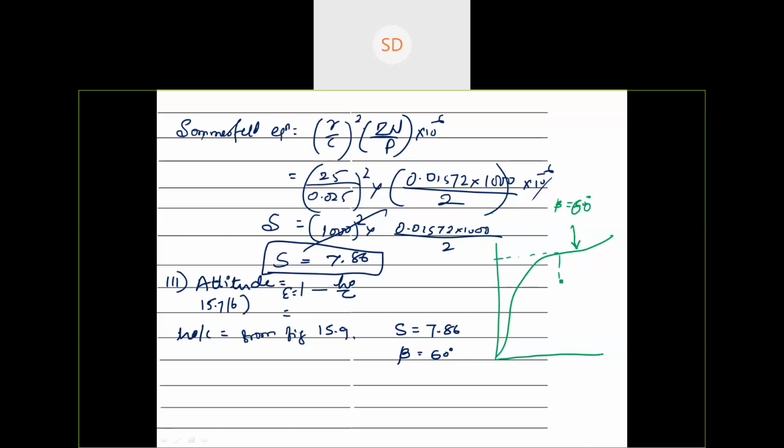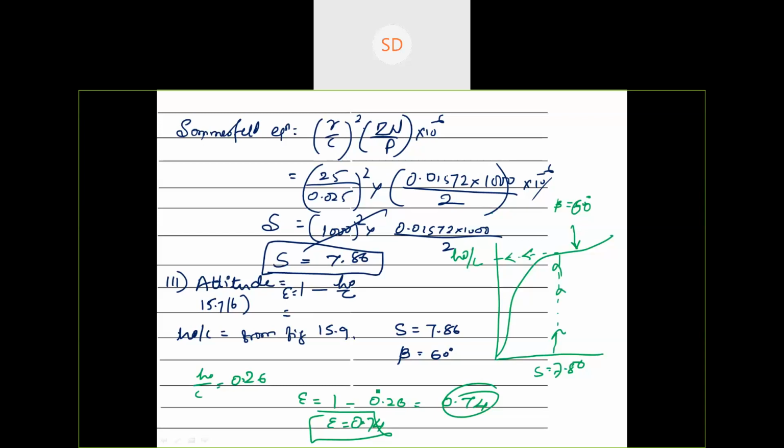Now s equal to 7.86. Based on that, you just select h naught by c. I think it is 0.26 or 0.27. Okay, so now h naught by c equal to 0.26. Now epsilon equal to 1 minus 0.26 is how much? 0.74. Eccentricity ratio is 0.74. Okay, right.